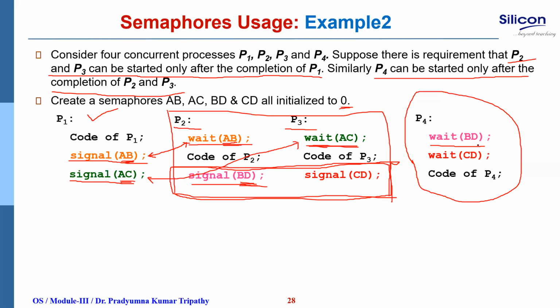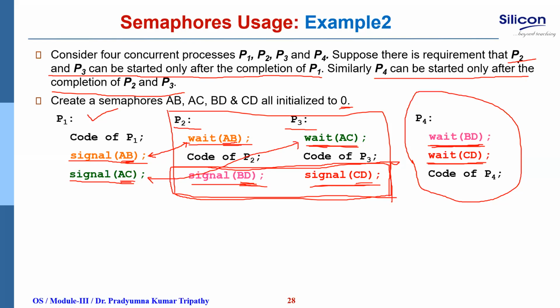Wait operation will wait while the value is 0, so it will wait over there. The way we have taken one semaphore for P2 and P4, similarly, we can take another semaphore so that P3 will execute before P4. This ensures that P3 will execute before P4.